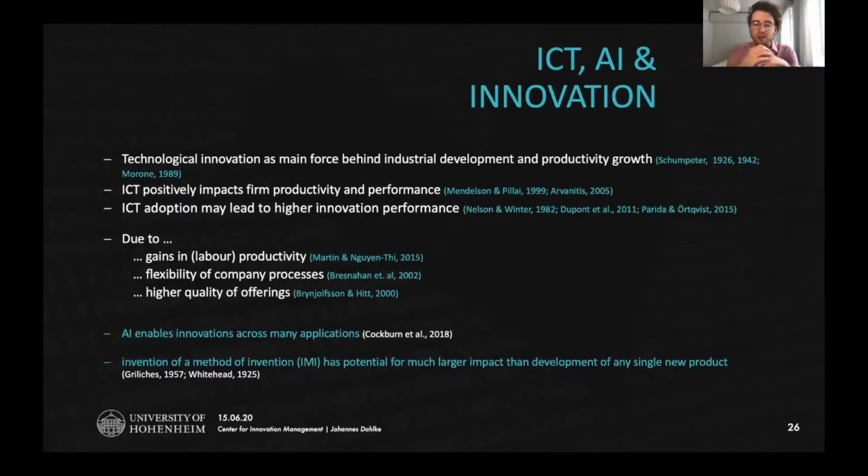And that AI may in fact be somewhat of a new method of invention that has the potential of carrying much larger impact than simply developing a new product or implementing a new process to become more efficient.